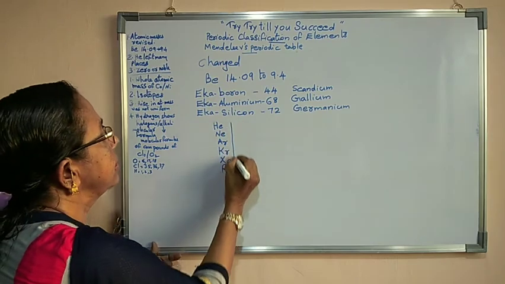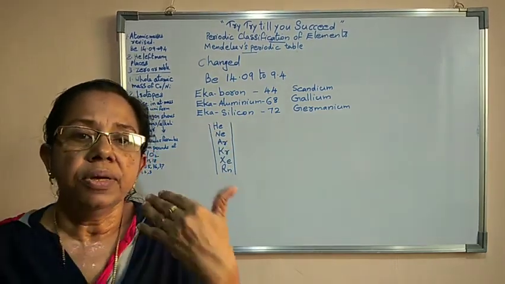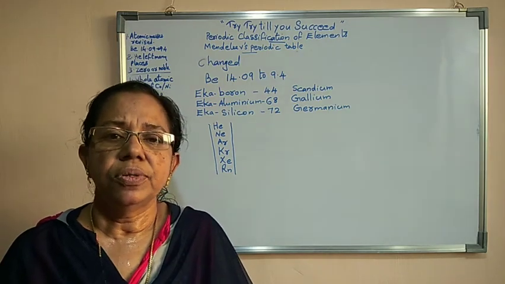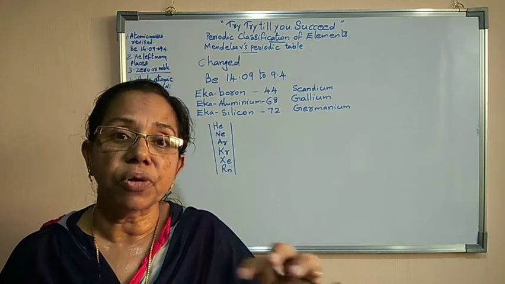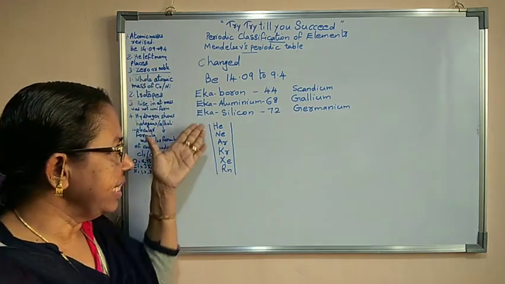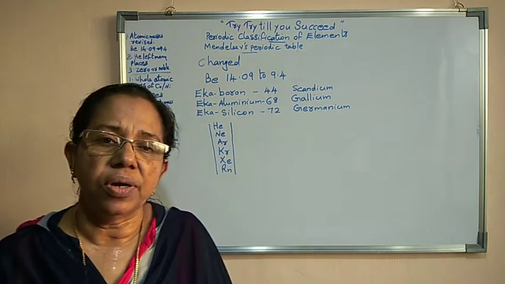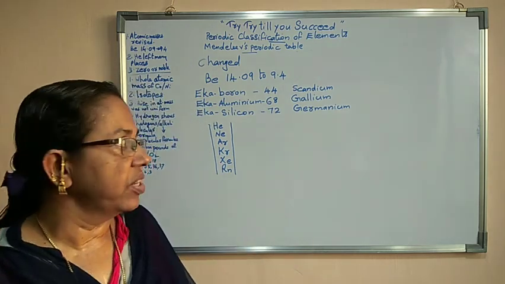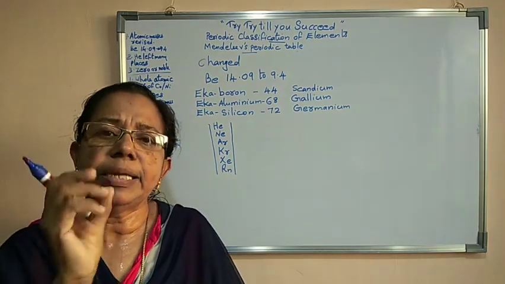When he developed his periodic table, there was no provision for arranging these noble gases. Later on, once they discovered these noble gases, he made a separate group.